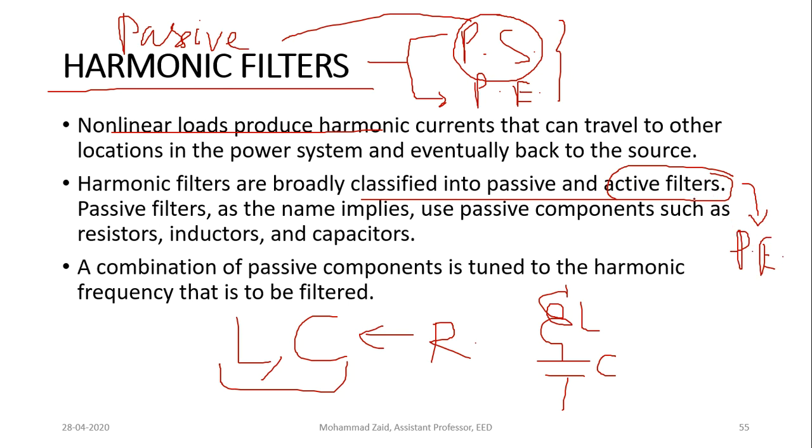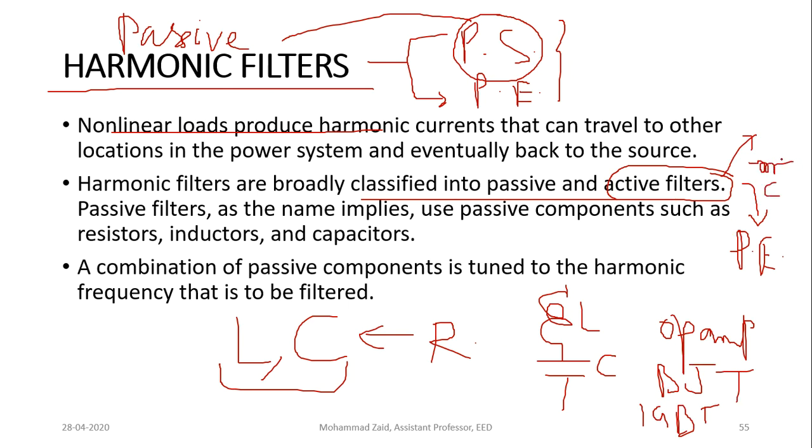So sometimes it is not possible to use active filters, because active filters use op-amps, BJTs or some other switching device, IGBTs, DC to DC converters, all of which can act as active filters with some L and C. Obviously the L will remain and the C will remain, but along with L and C there is some switching device involved.